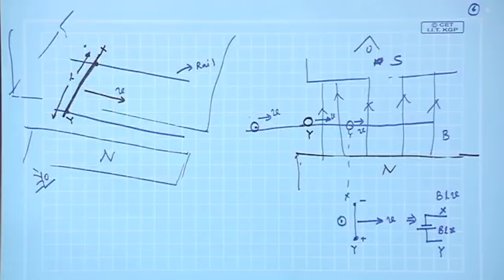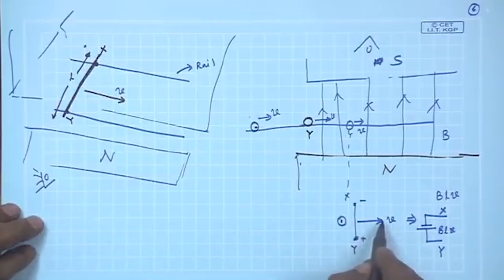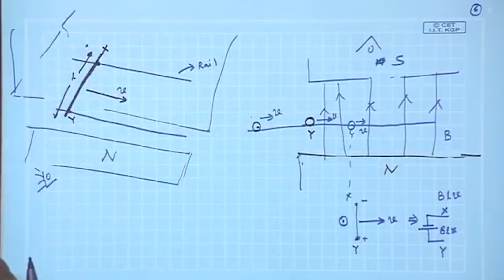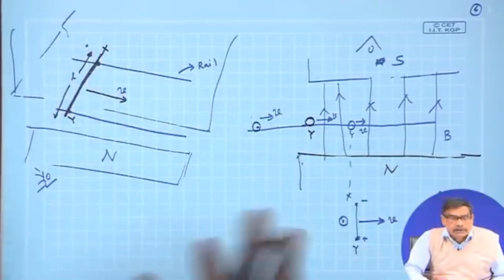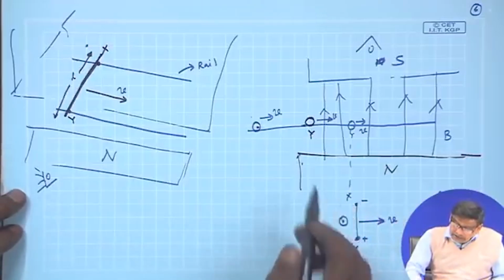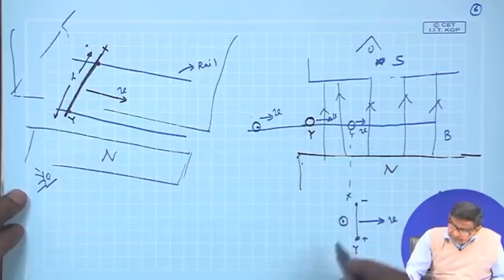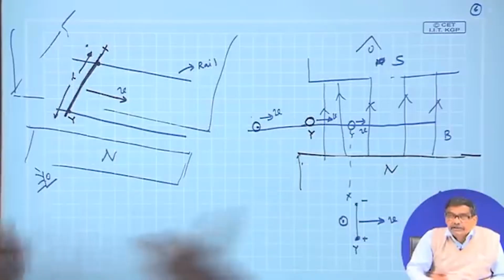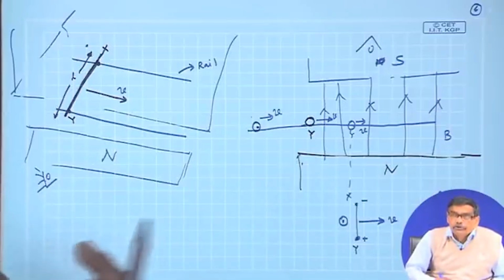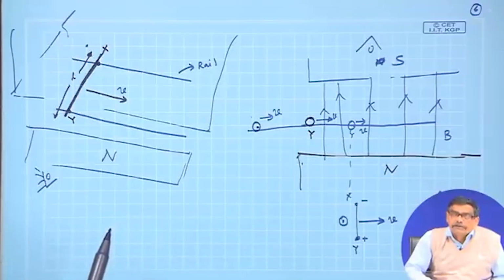Now, let us imagine that this conductor is moving on a railway track where there is absolutely no friction, nothing. Therefore, tell me, if this conductor is moving with a constant velocity v, how much force do you need to keep the motion alive with constant velocity v? The answer is 0.